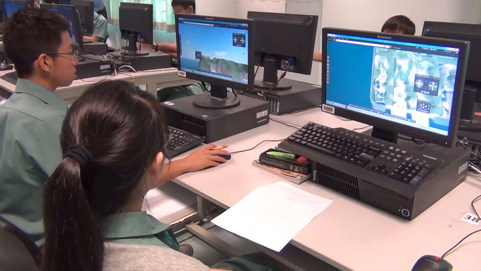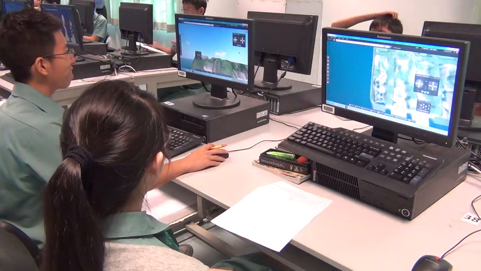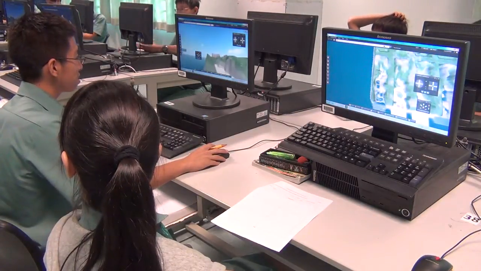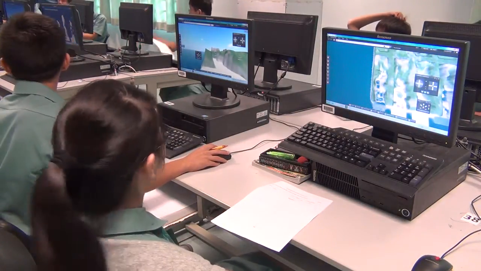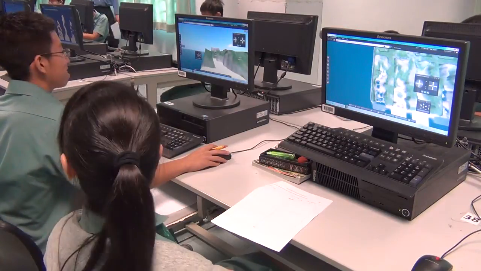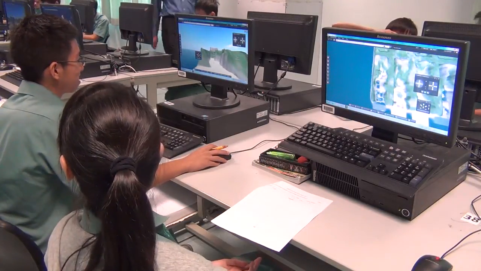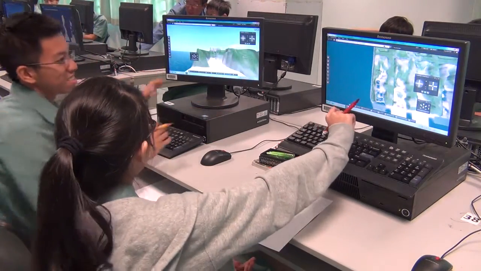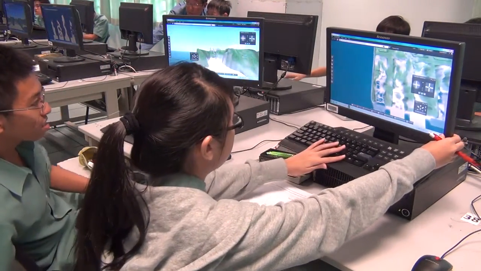If you look at Frank and Ray, look at how they have positioned their computers so they can look at them side by side. They are trying to work as a pair to complete the activity, so there must be communication between the pairs.